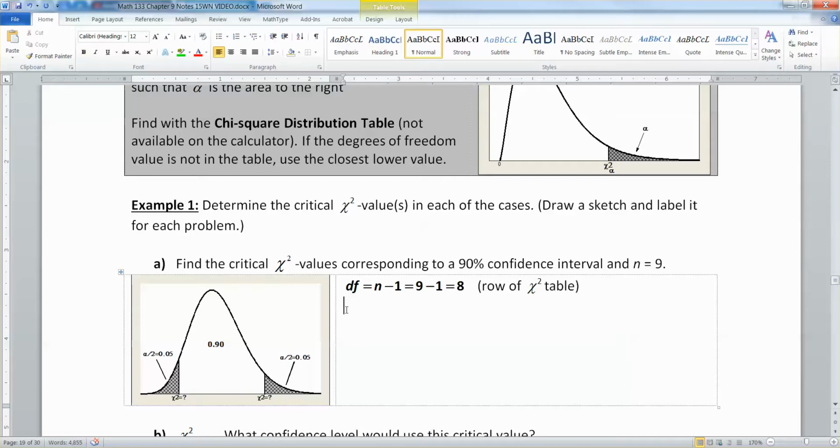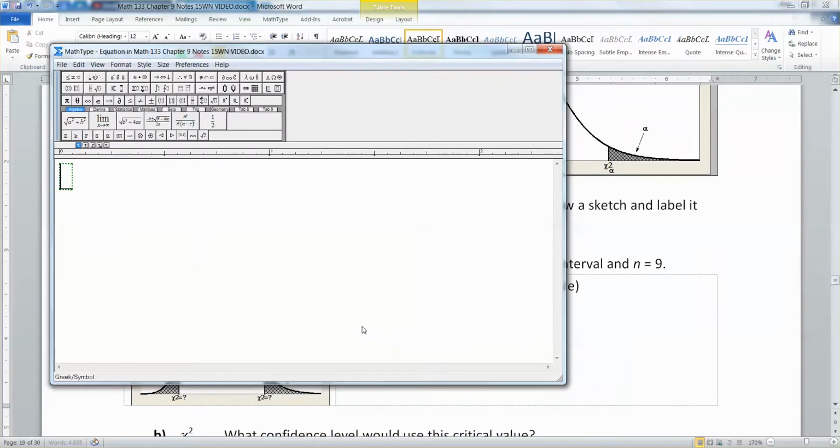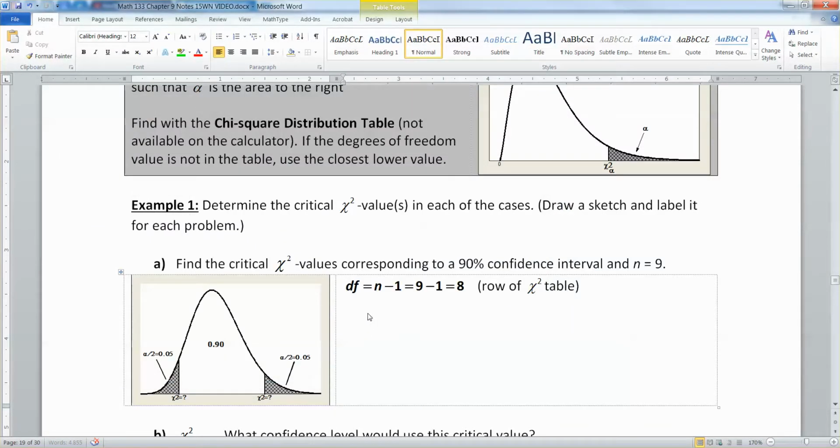So let's see here. We have over here, this area in this right-hand tail is 0.05. Fabulous. Okay, so we know that alpha over 2 is equal to 0.05. Now, how am I getting that? Well, let me back up a second.